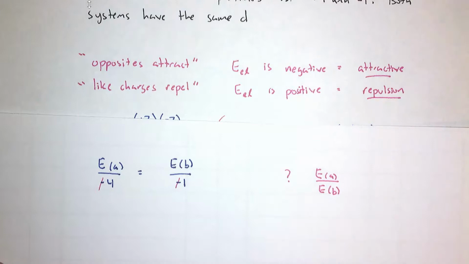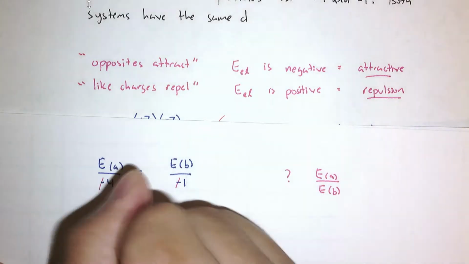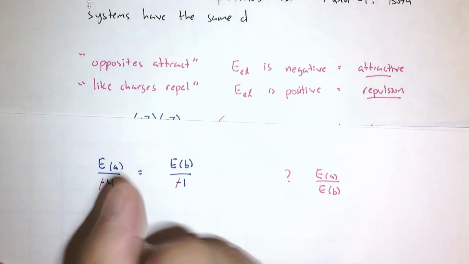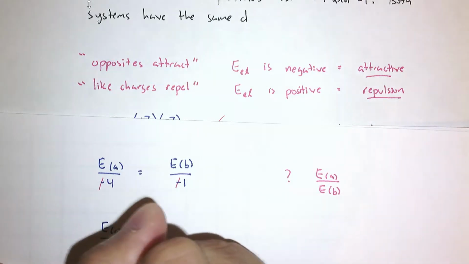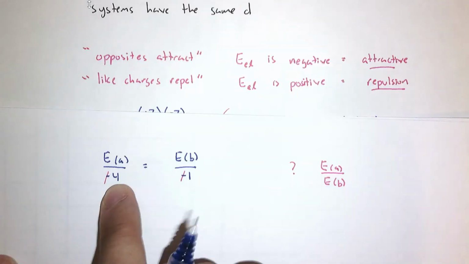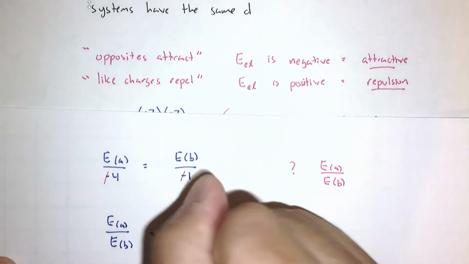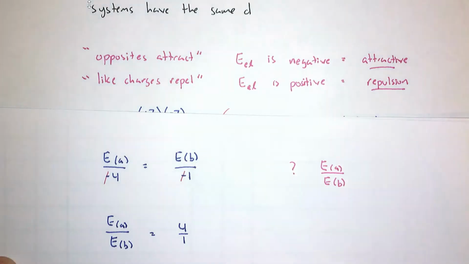What do I get if I try to do that? I have EA on top on the left. If I divide by EB, okay, then what do I do with this 4? This 4, I have to multiply both sides by 4. So this will be 4 over 1. There's the ratio.